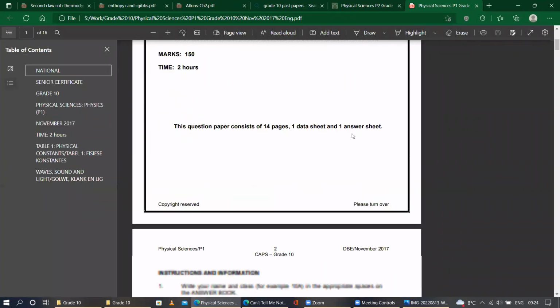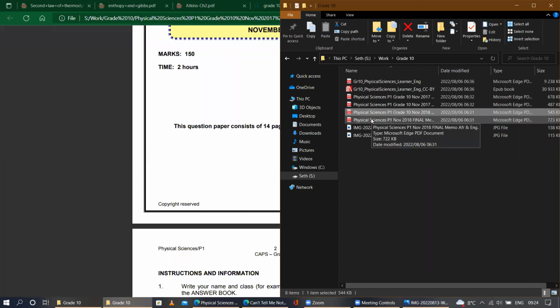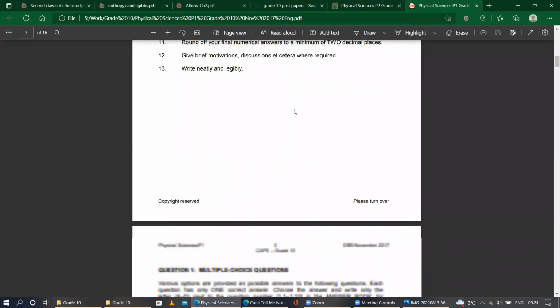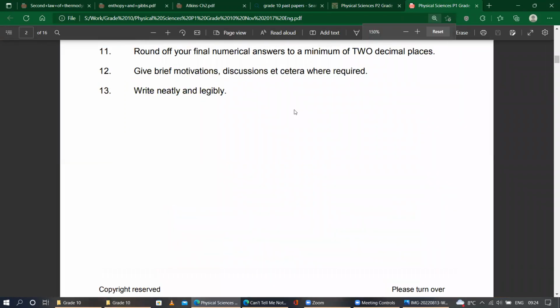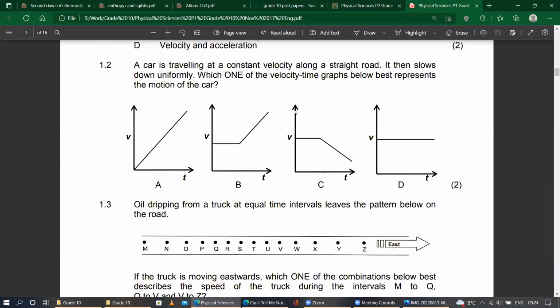This is the 2018 memo. Can you see it? I think this is the graph that you're talking about.